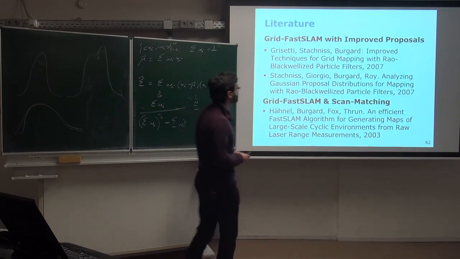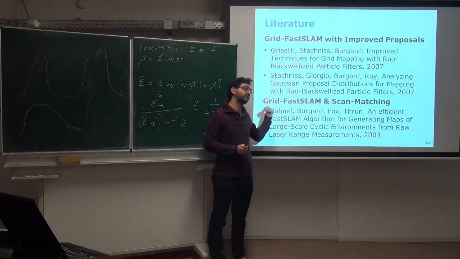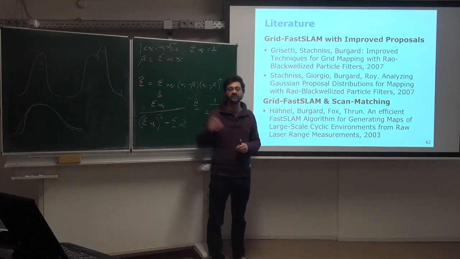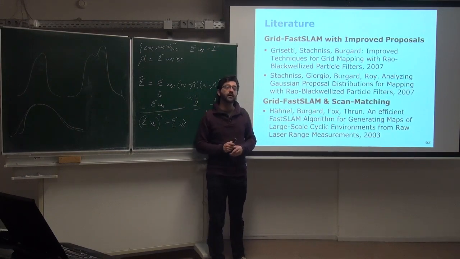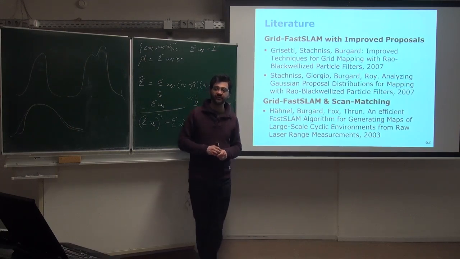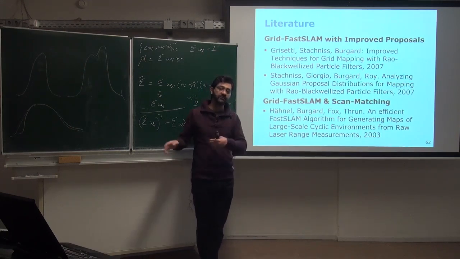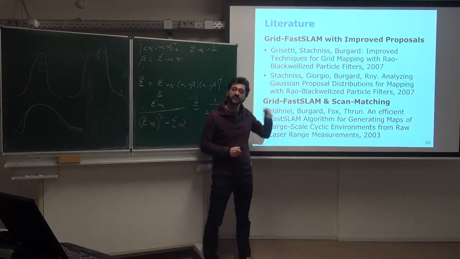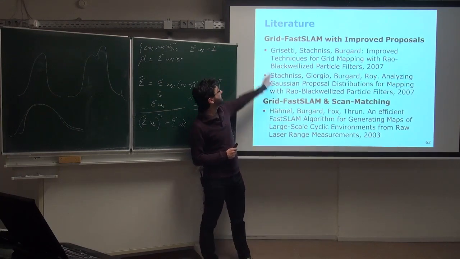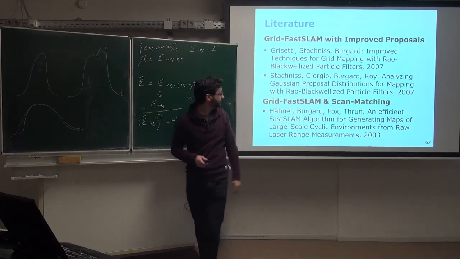With respect to the literature, these approaches are not really in the book, so there's a small chapter on how to do grid-based FastSLAM, where it's just written, take FastSLAM and use occupancy grid mapping with known poses, so not much of the details which are in here, but there are a few research papers.